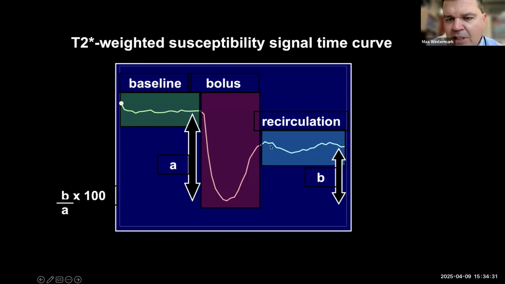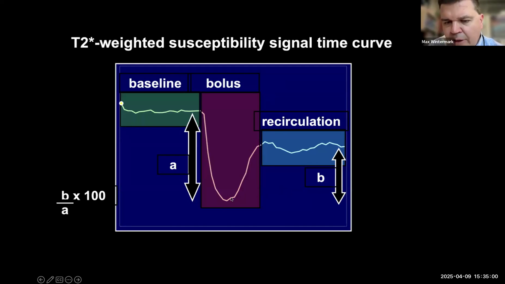The other piece of information that you can extract is about the degree of recovery. If the blood-brain barrier is mostly intact, you are going to have a good recovery, and typically the signal is going to go back to where it was before the bolus of contrast arrived, or close to it. Whereas if the blood-brain barrier is significantly altered, you are going to have a poor recovery or no recovery at all.